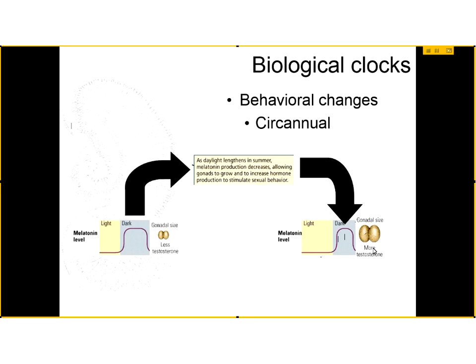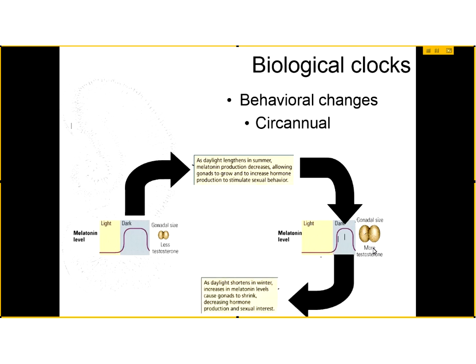As the cycle continues, the days start to become shorter from fall into winter, and that decreases the interest in sexual behavior, associated with the increasing levels of melatonin and the decreasing amounts of testosterone, and that cycle continues over the course of the year.